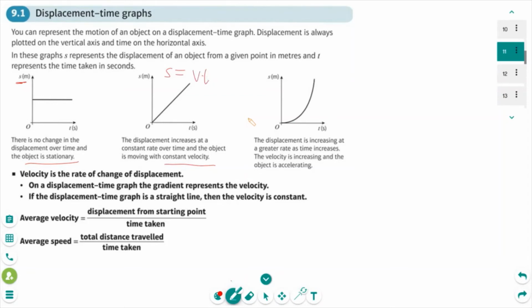Third possible situation, here the displacement is increasing, but not at a constant rate, increasing at a greater rate as time increases. So as time increases, the rate of increase of the displacement is increasing. This is the same thing as saying the velocity v is increasing.